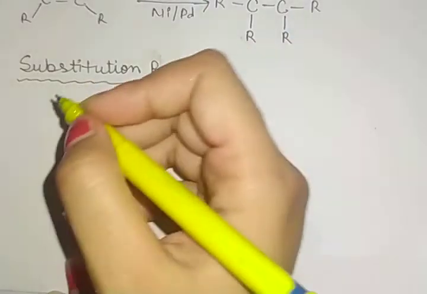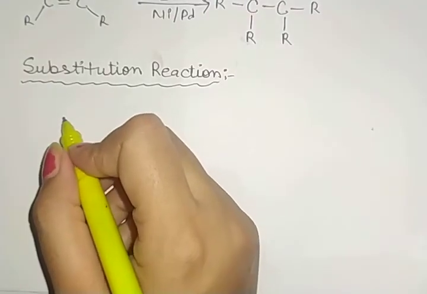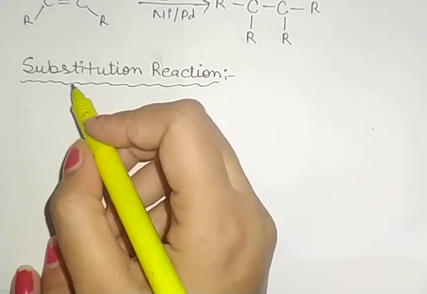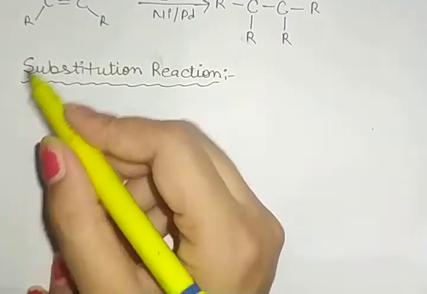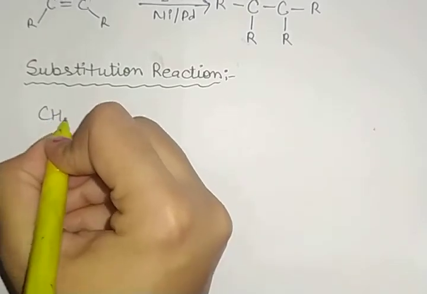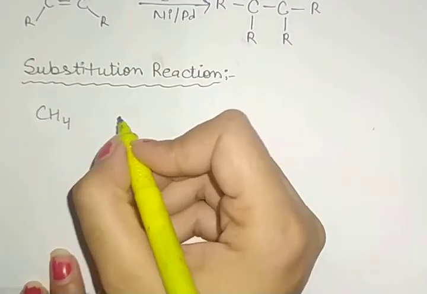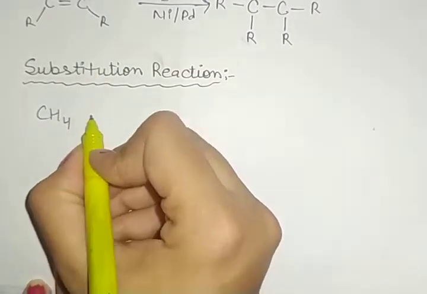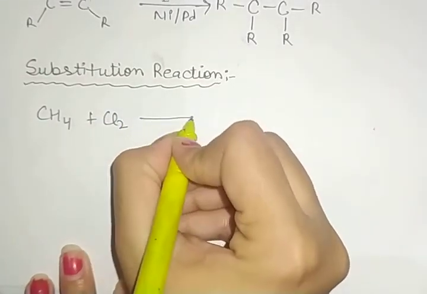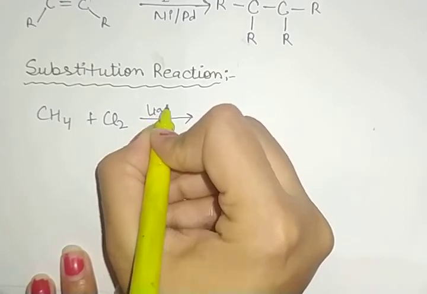Next is substitution reaction. What is the meaning of substitution? It means something is being replaced, or we can say an atom or group replaces one or more hydrogens. If we take the example CH4 and treat it with chlorine in the presence of sunlight, I'm writing here light. What happens?